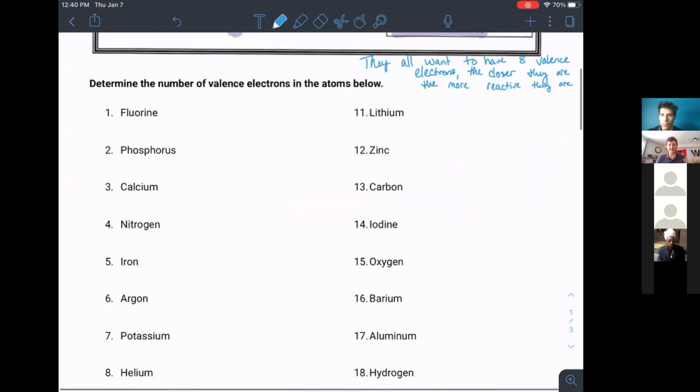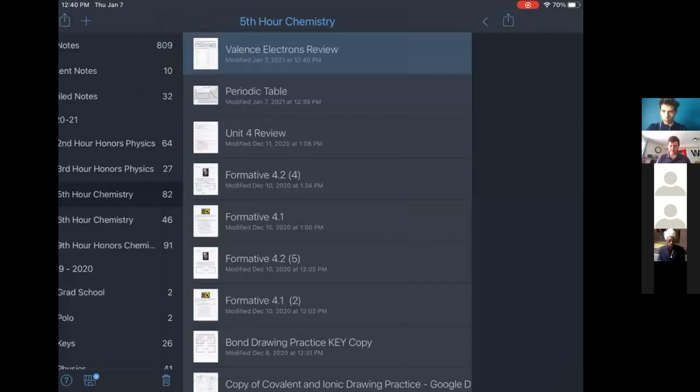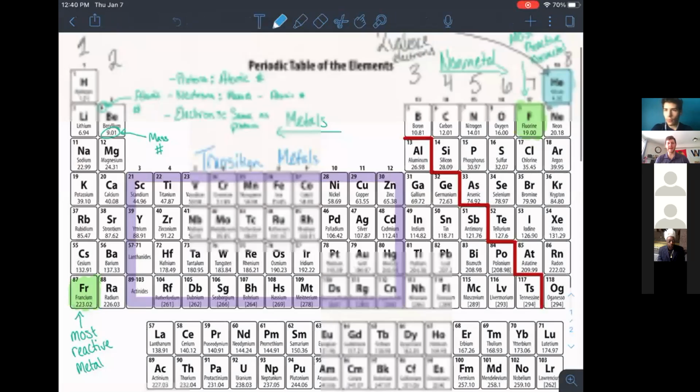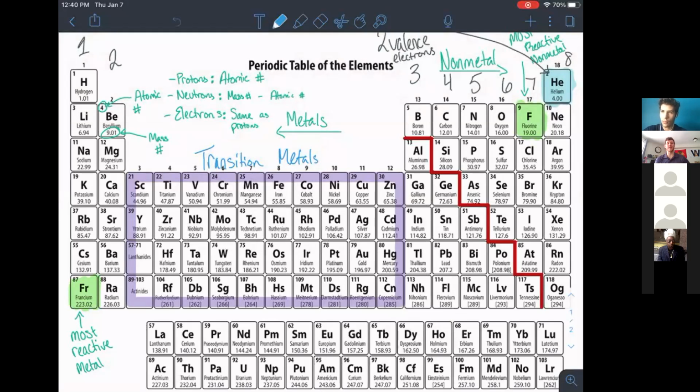So let's look at a couple of these. We're not going to do all of them together because you guys are awesome and you can do these. So determine the number of valence electrons. Let's just do the first 3 together. Let's look at fluorine. Does anybody know where fluorine is on the periodic table? Tell me the atomic number. 9.